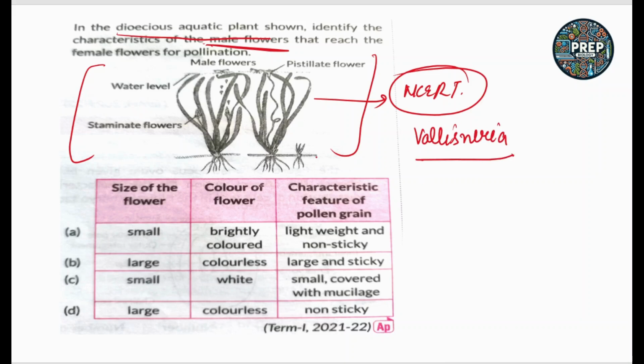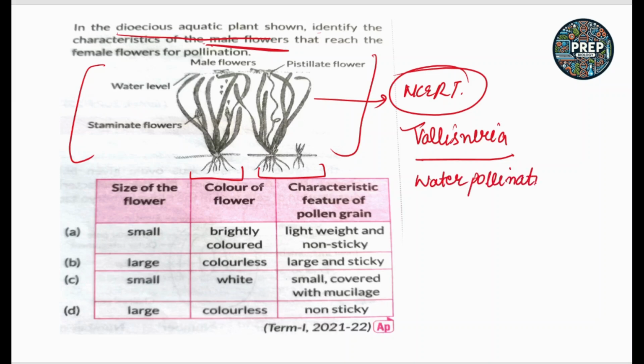Okay, so you all have to identify the characteristics of the male flower. So this is the male flower and this is the female flower. So in Vallisneria, we know that pollination is by water. Water pollination occurs. Why? Because Vallisneria is an aquatic plant.